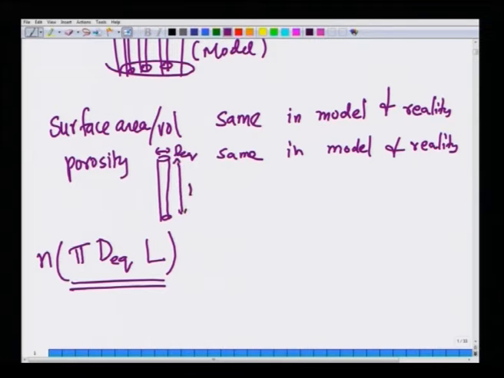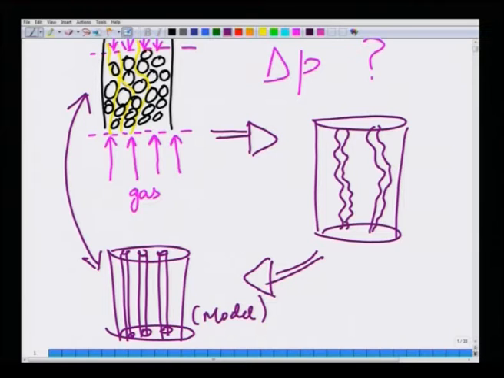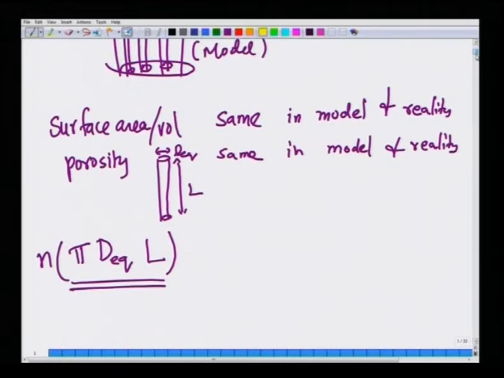Here we are assuming that the length of these tortuous paths is the same as the length of the bed, although if you really measure the length along the contour of the tortuous path, the actual length will be greater than L. But for simplicity we are going to assume that it is the same as L, and we are going to correct all this with an experimentally fitted parameter at the end. But right now let us move along with this assumption.